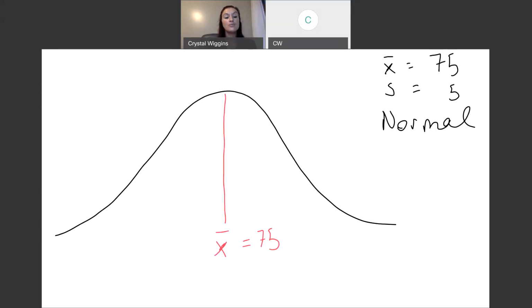Now I'm going to label my standard deviations as I go out farther and farther to where the curve gets small. So here is my first standard deviation. To calculate that, I'm going to take X bar plus a standard deviation, so 75 plus the standard deviation of 5.